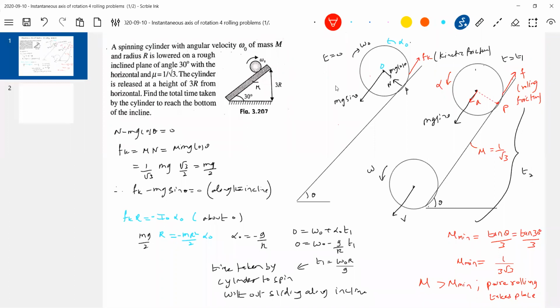How to utilize what we discussed this morning? How to use that concept is this one. This is very important. In every numerical, please do this. In the exam you can't derive this. I asked you to remember something: what should be the minimum value of mu for a ring or a disc? Ring or hollow cylinder, both are the same. Disc or solid cylinder, both are the same.